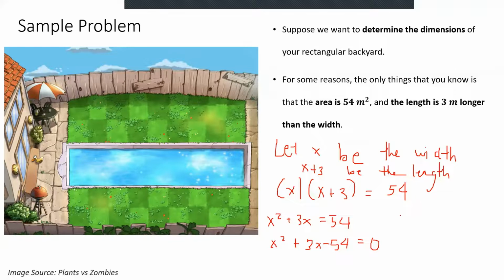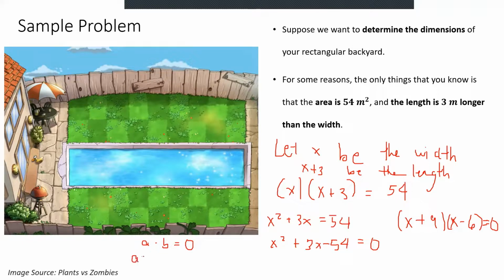So what is the factor of this? Well, it is x plus 9 times x minus 6 is equal to 0. Now, remember, let me write here in the small part. If we have a times b is equal to 0, there must be at least one number here that is equal to 0.